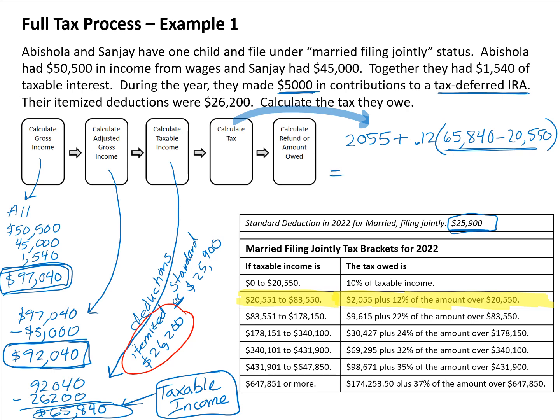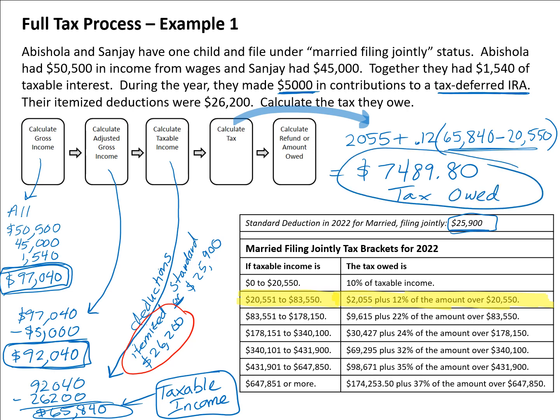Doing that full calculation, I'm just going to use a scientific calculator and get it all at once. I get that they owe $7,489.80. That's the tax they owe, or the tax owed. So there were 4 steps we had in this process.